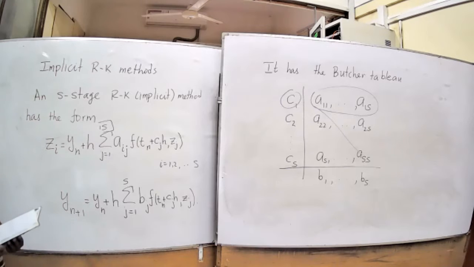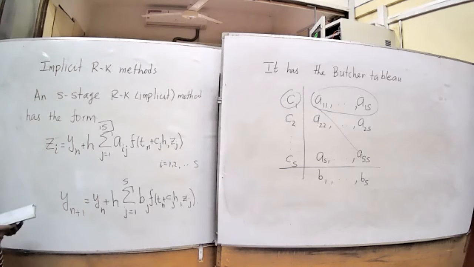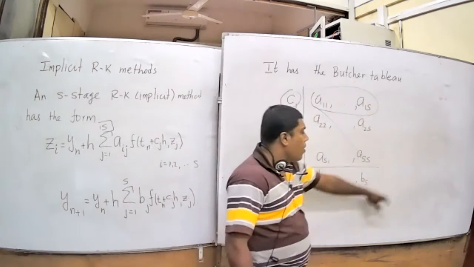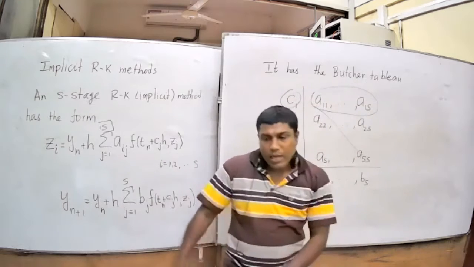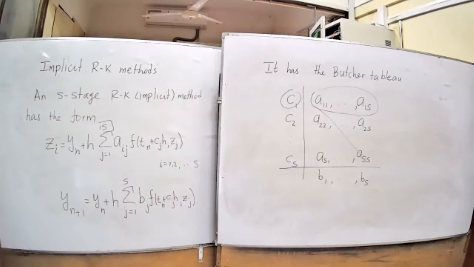Right, so that is how you define the implicit Runge-Kutta method, right? So now, since you know the implicit formula, and you know how to rearrange that to an explicit formula, we can stick with this as a structure for the general S-step Runge-Kutta method, right?